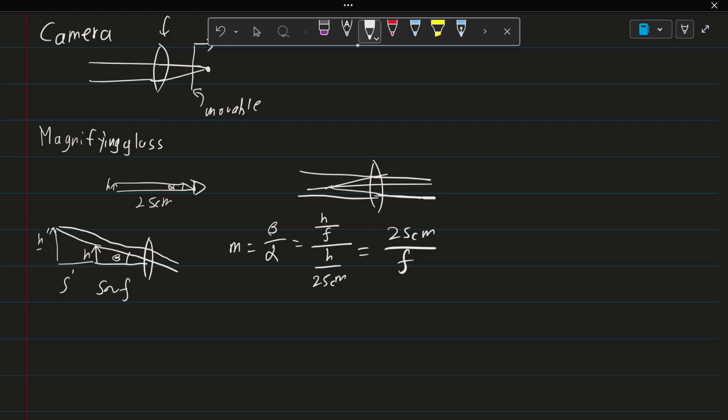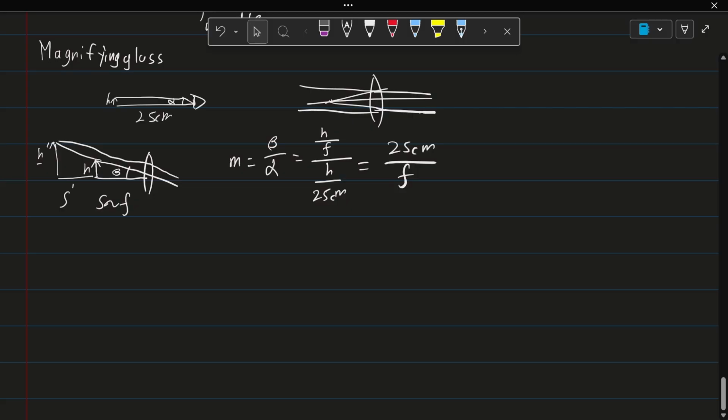Unfortunately, just using a magnifying glass isn't truly enough to enlarge the image. So there are more ways for you to increase the size of the image. One way of doing it is by adding another lens to increase the image, and then you increase the image again. So this is the idea of a microscope.